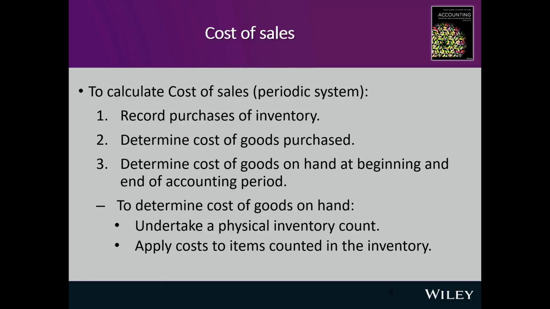Okay, to calculate cost of sales in the periodic system, you have to record purchases of inventory, determine cost of goods purchased, and then determine the beginning and ending inventory. For that, you need to take a physical inventory count or stock take, as you may be familiar with, and apply cost to items counted in inventory.